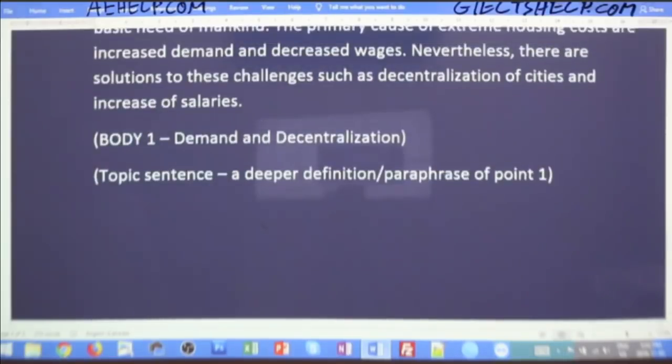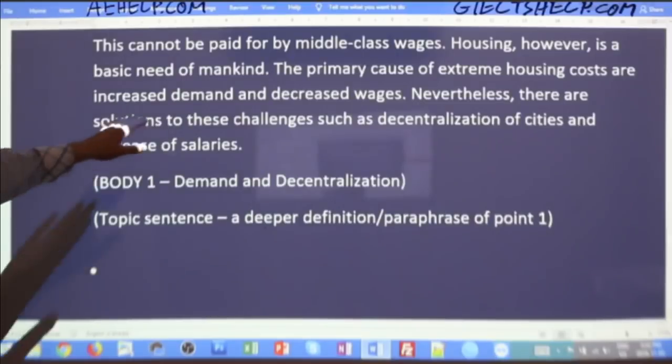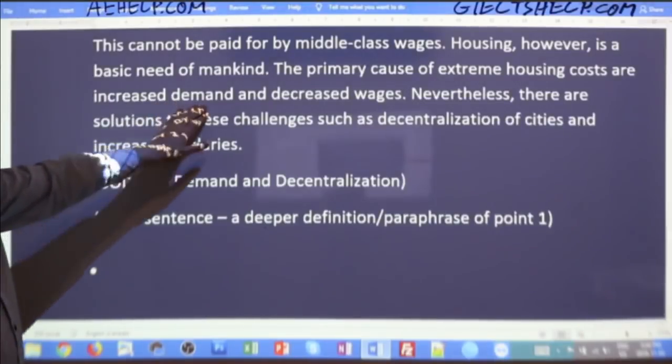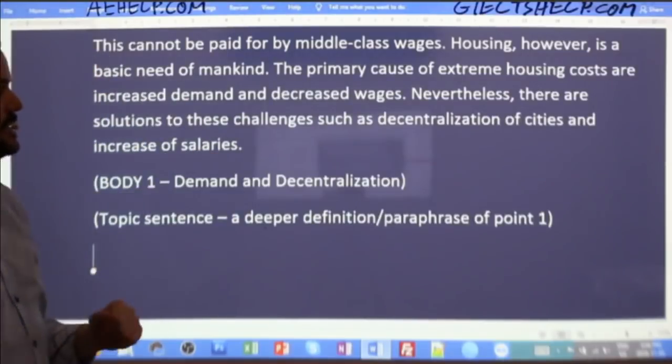So here we're talking about increased demand of housing. And then we're talking about the decentralization of cities.